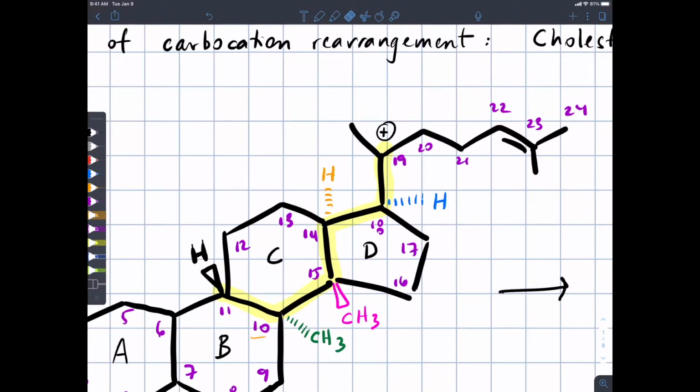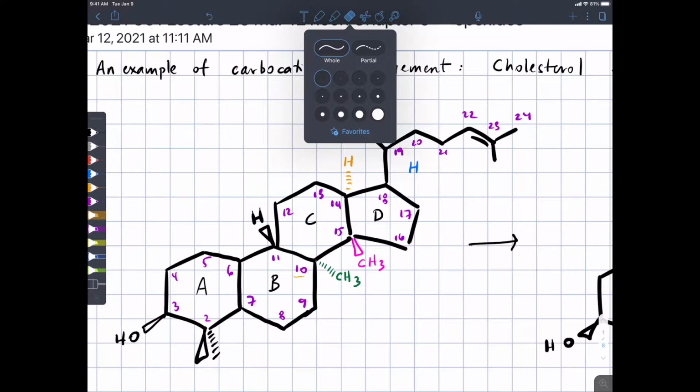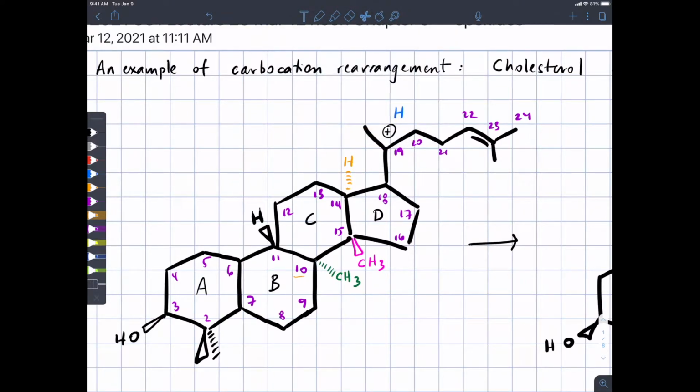But you can imagine hydrogen leaning over with its electrons, going through sort of a bridged intermediate in which it is sort of equally bonded to 18 and 19, and then if it continues to move towards carbon-19, you now have a new carbon-hydrogen bond between the hydrogen and carbon-19, and that's going to leave a positive charge in the place of where the hydrogen was.